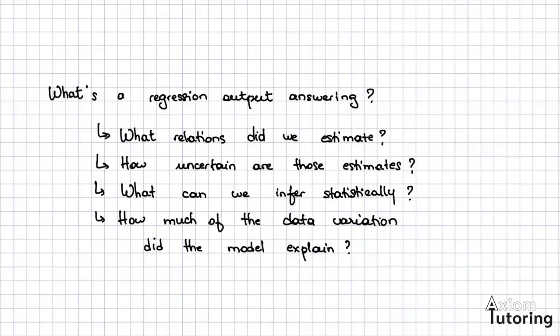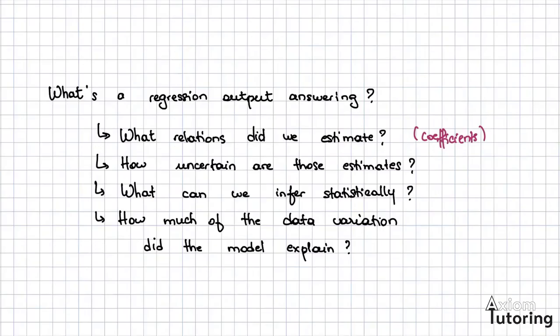Let's think about the first one. Estimated relationships. The heart of a regression output is the coefficients in the table, which we have talked about quite extensively, especially in the video on jargon and the population model in econometrics. We've talked about rows and columns in an Excel spreadsheet, but when you have the regression output, the rows now take a different meaning.